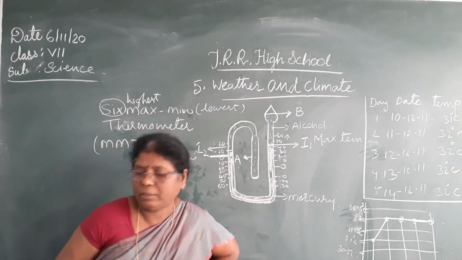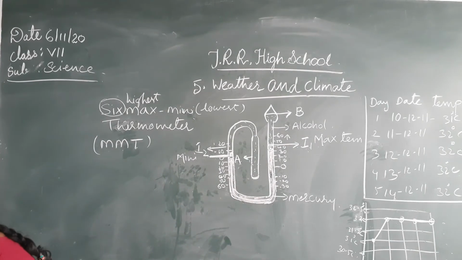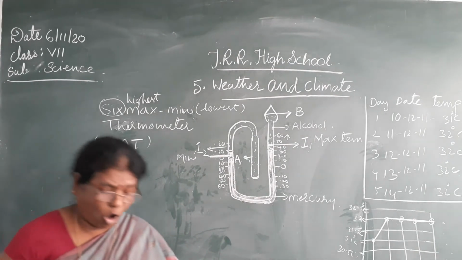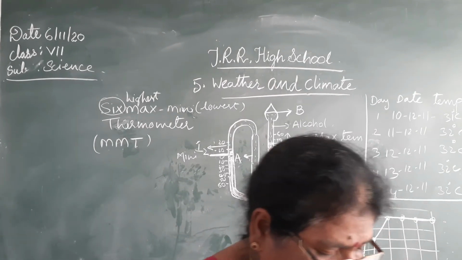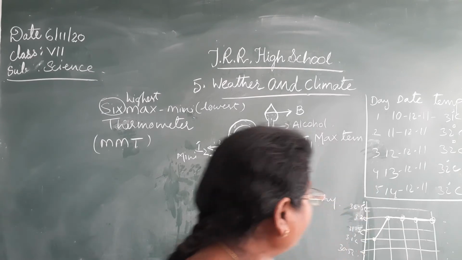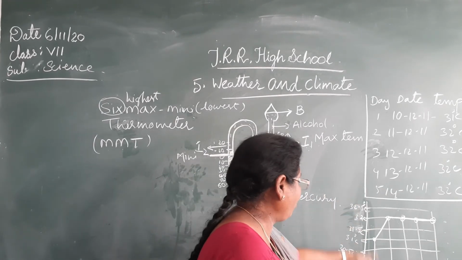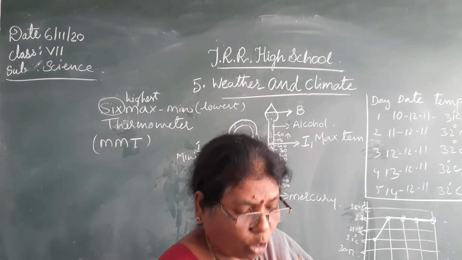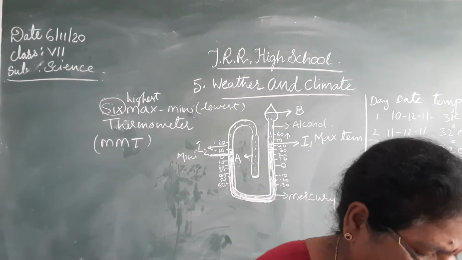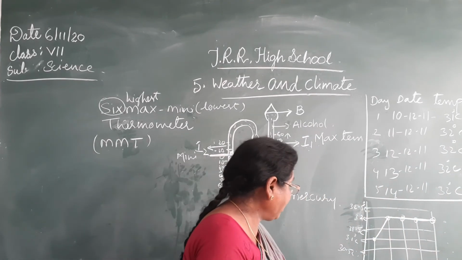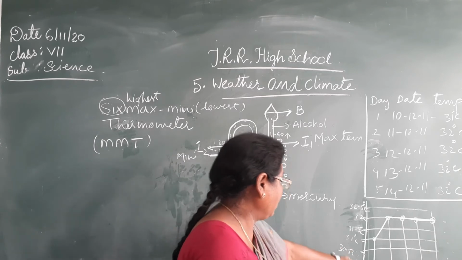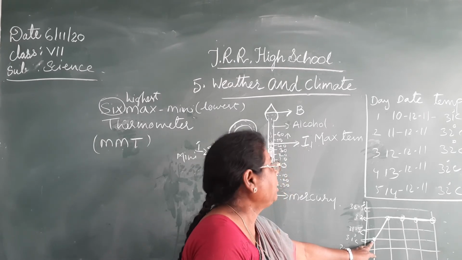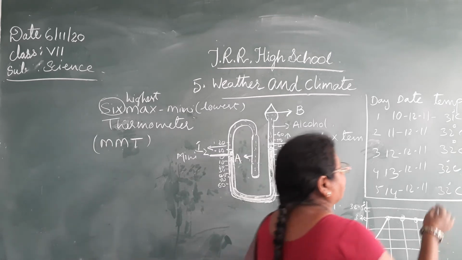Okay, children? Next, the questions. For how many days are you observing the temperature of your village or your place? 5 days. On which day is the temperature lowest? That is day 1, that is 31 degrees.